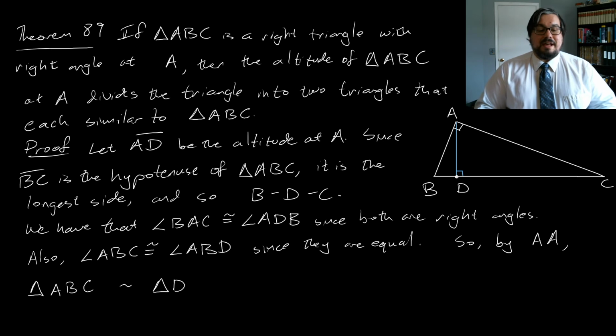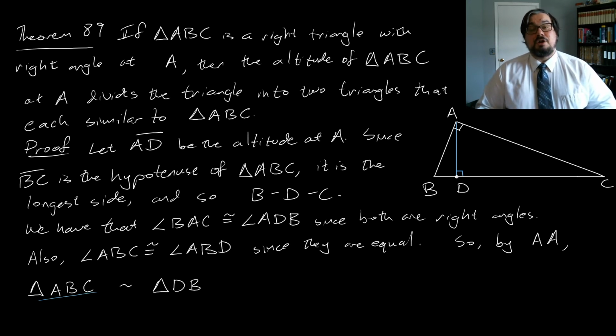We also have that the two angles with vertex at B are congruent to one another, and therefore, since B came second in this first notation, ABC, it's also going to come second in the notation for the other triangle.